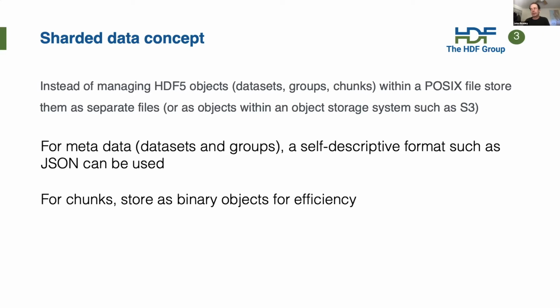If the object is metadata, for example, datasets along with their type and shape and so on, it is stored as JSON. If it is chunk data, it's stored as binary objects, because obviously for large chunks, it would be very inefficient to store those in a textual form.